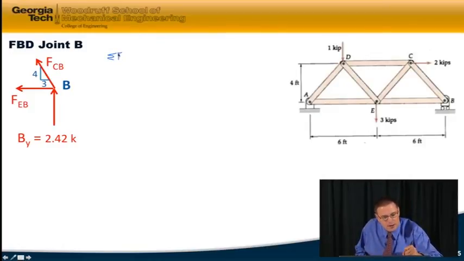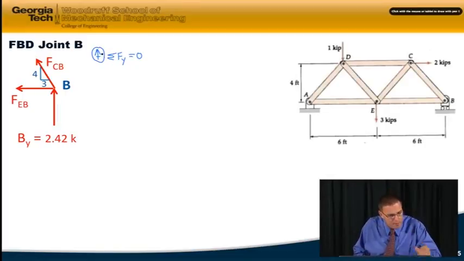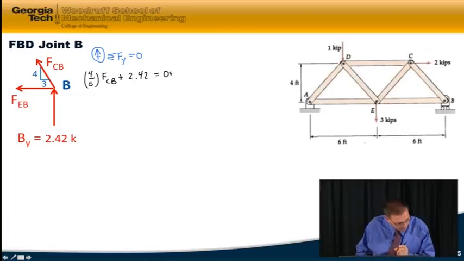I'm doing a lot of this together with you, but pretty soon I'm going to let you take off and do it on your own, since it just gets to be the same procedure over and over again. So we've got the 4/5 component of FCB plus 2.42 for the BY equals 0.